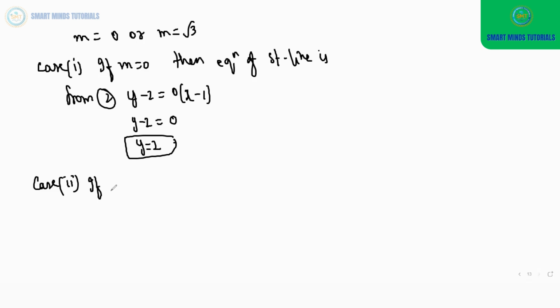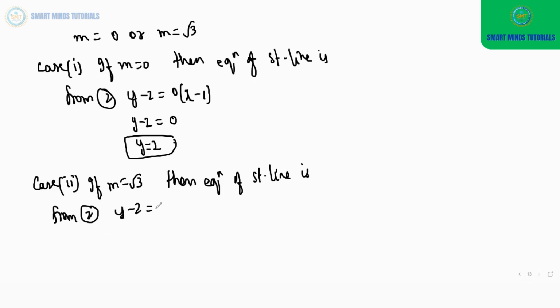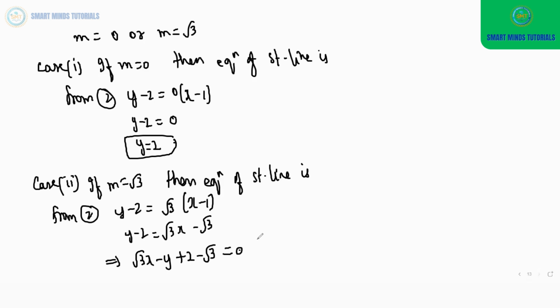If m is equal to root 3, then the equation of straight line will become, again from equation number 2, y minus 2 is equal to root 3 into x minus 1. Open the brackets, you get root 3x minus root 3. Take all terms one side. Root 3x minus y plus 2 minus root 3 is equal to 0.